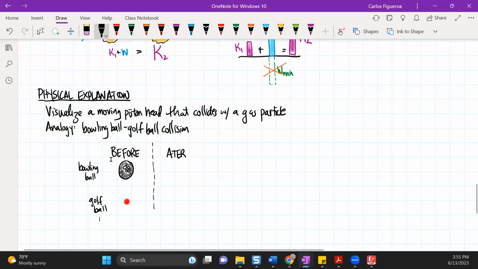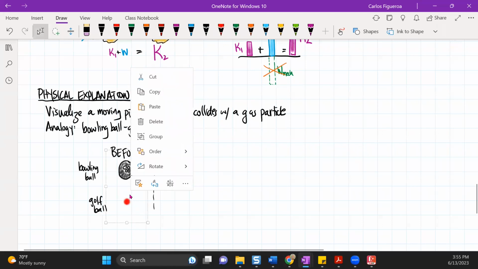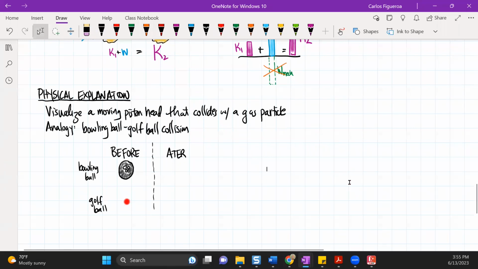Now, I'm going to copy these to use again here. And what you're seeing is that the bowling ball is coming in like this, and I have a slow moving golf ball. Now, it could be fast, but if you remember elastic collisions, the mass of the bowling ball is much larger than the mass of the golf ball, so after the collision, the speed of the golf ball is about 2 times the speed when it came in.